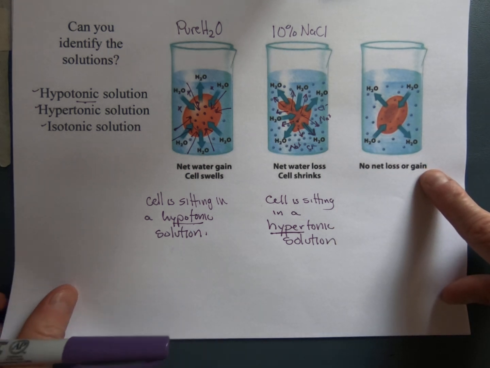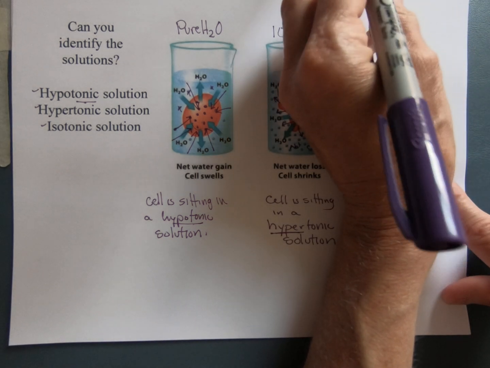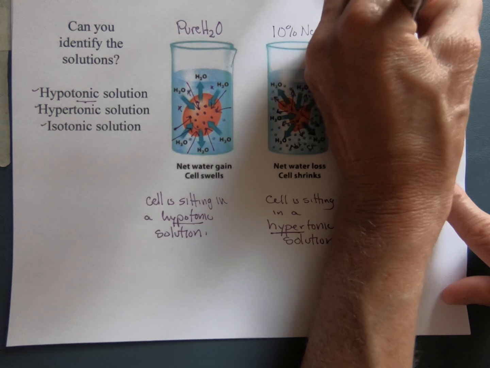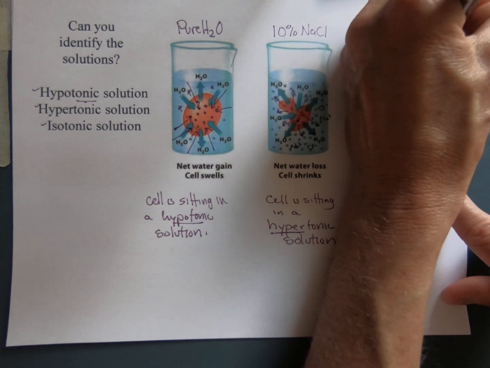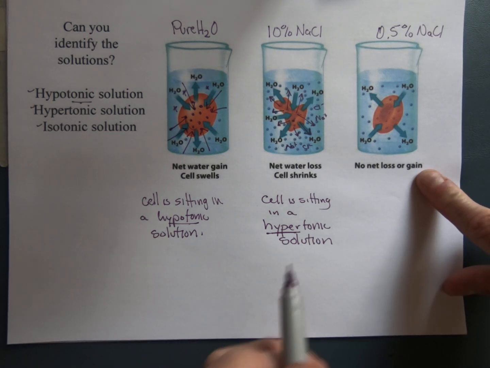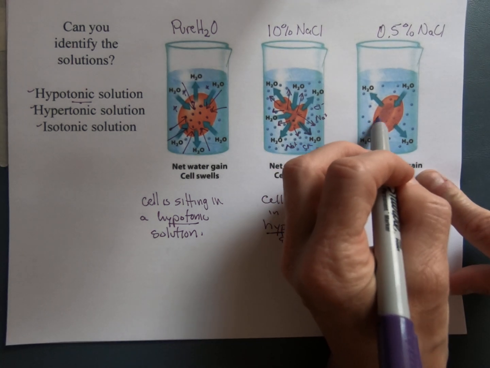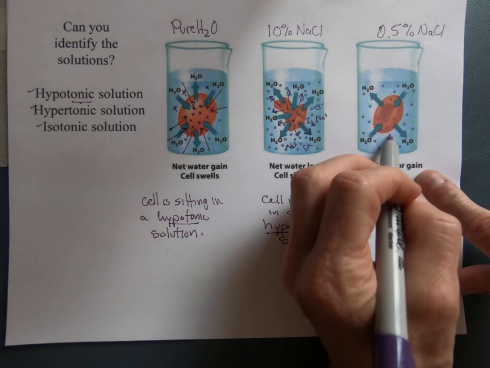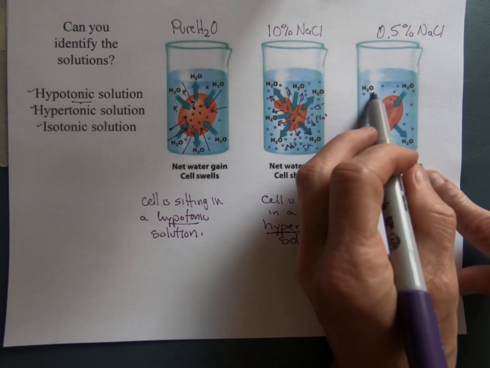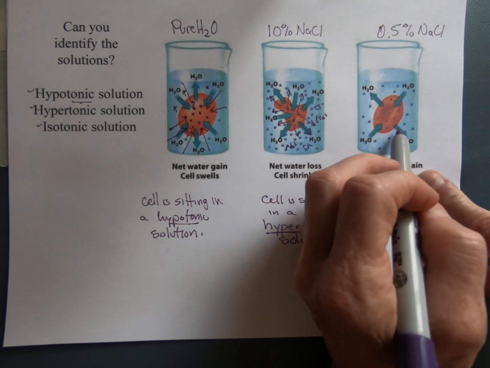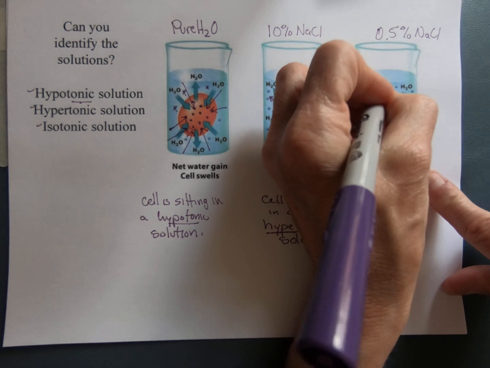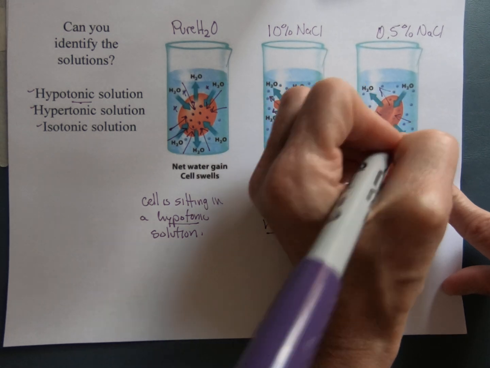And finally, we have a condition that is maybe 0.5% sodium chloride, let's say. And here we have a pretty much equal concentration of non-penetrating particles in the cell and out of the cell, which means we have a pretty similar concentration of water in and out of the cell. So water might move into the cell by osmosis and out of the cell at about the same rate.